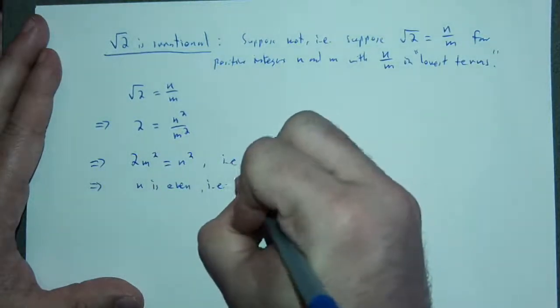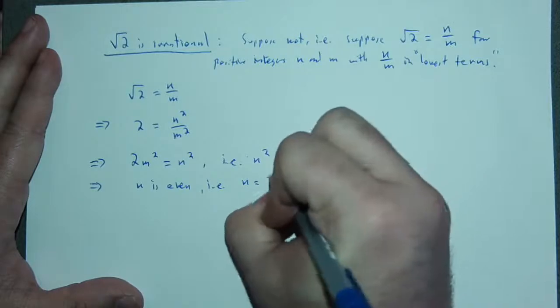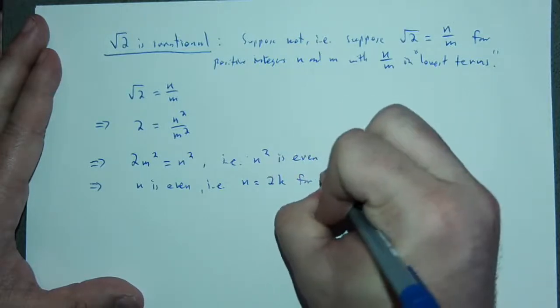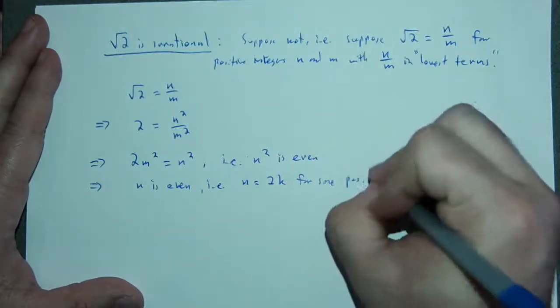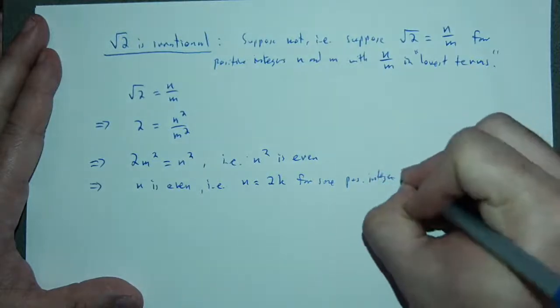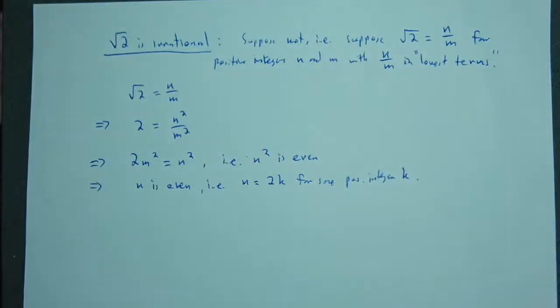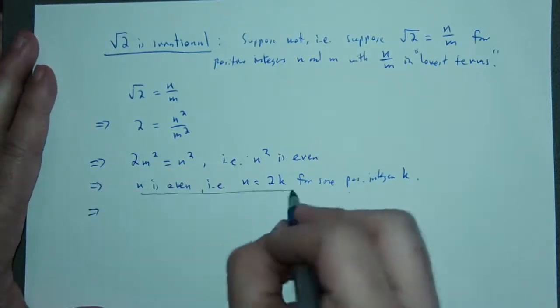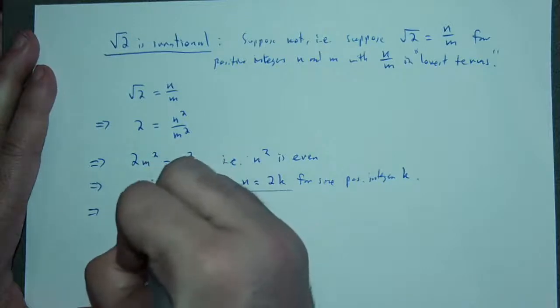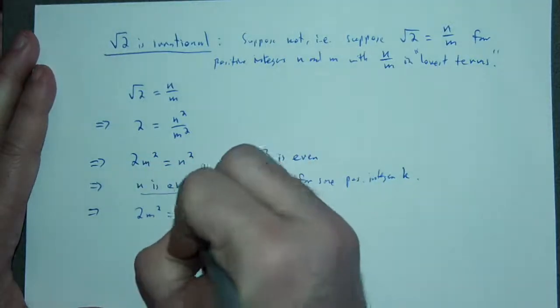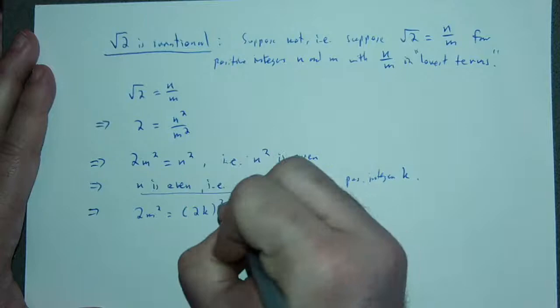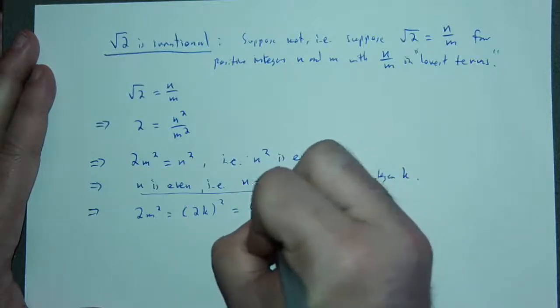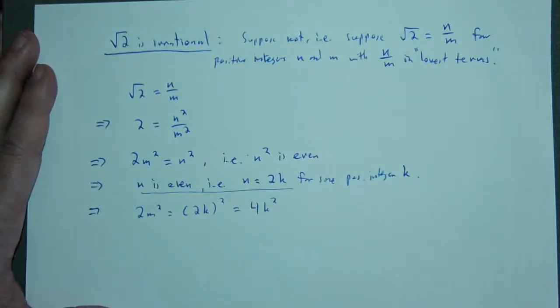i.e., n is equal to 2k for some positive integer k. But then, if n is even and is equal to 2k, then 2m squared is equal to 2k squared, which is equal to 4 times k squared.